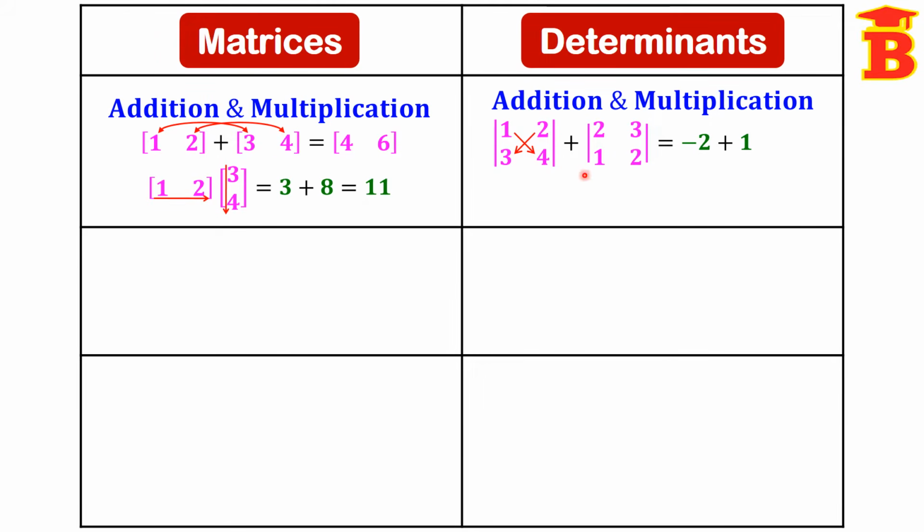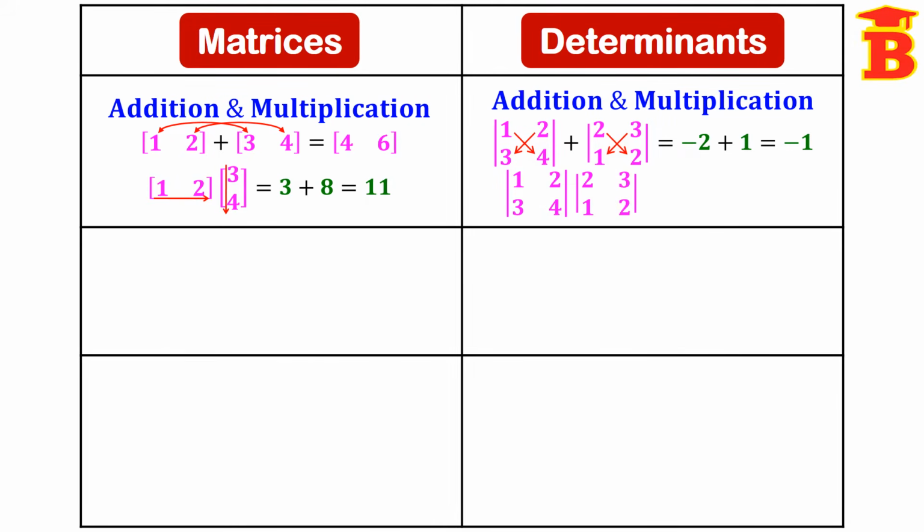That is the value of this first determinant. Similarly, second determinant, right arrow 2 into 2, 4, minus left arrow 3 into 1, 3. 4 minus 3 is 1. That is the value of this second determinant. So now we can add this. Minus 2 plus 1 is equal to minus 1.